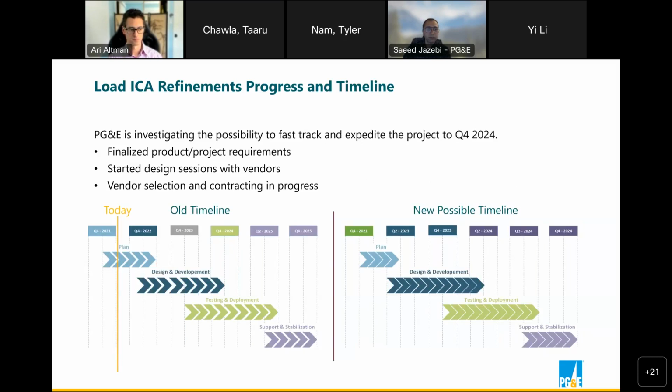We also kicked off the design session with our vendors, and the vendor selection and contracting step is in process. So with that, PG&E is discussing with this vendor and investigating the possibility to fast track and expedite the project to Q4 2024, basically 1 year ahead of schedule.